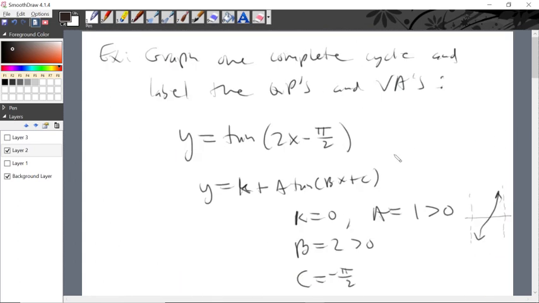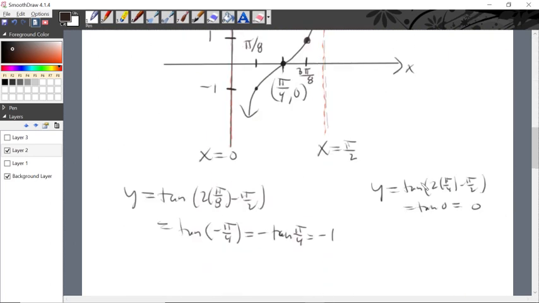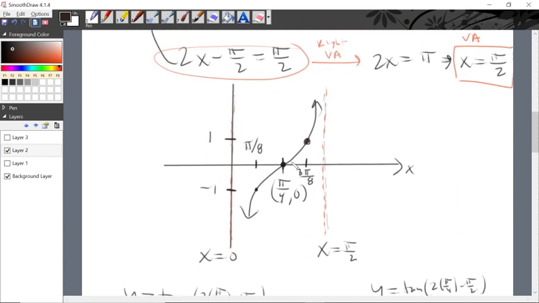Okay, and we've labeled the quarter points and the vertical asymptotes. Now, if we wanted to continue this, we certainly could. We could repeat this. Okay, the same pattern would repeat again and again in both directions. Okay, and we could label more points if we wish. All right, okay, so this repeats indefinitely.